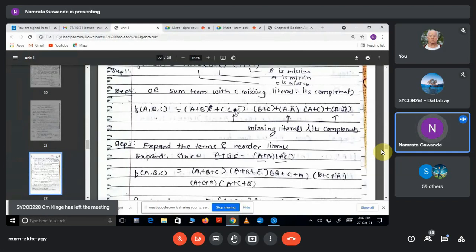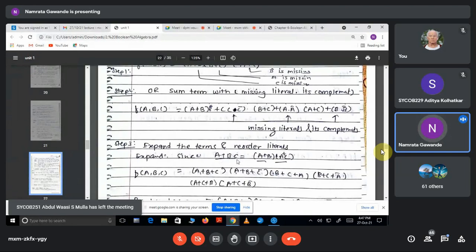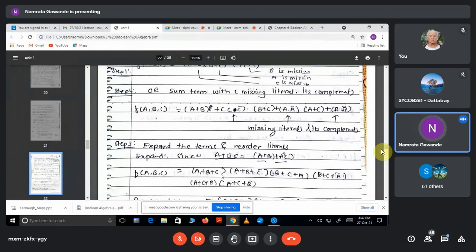But this dot is there, you are multiplying, so you have to apply this particular law. So A plus B plus C, A plus B plus C bar, then B plus C plus A, and likewise here it is expanded.